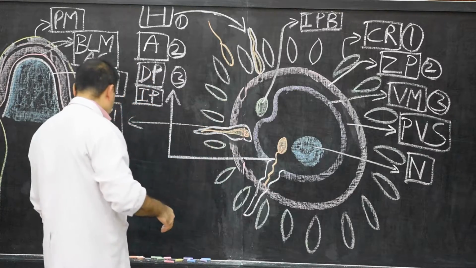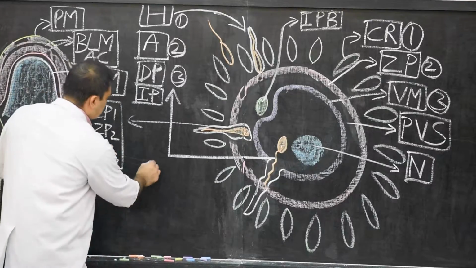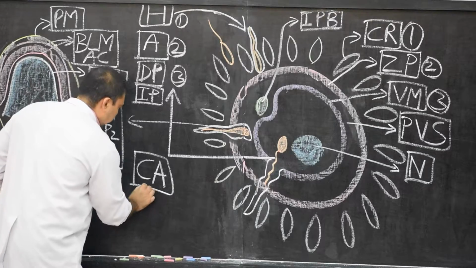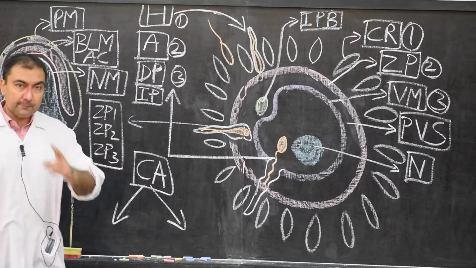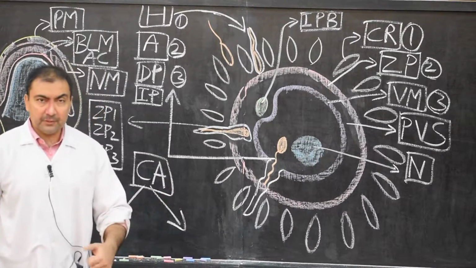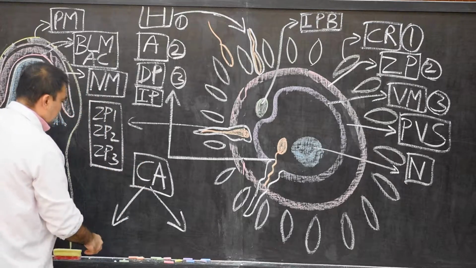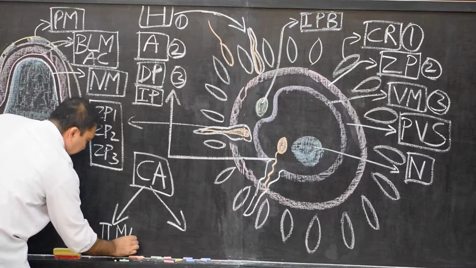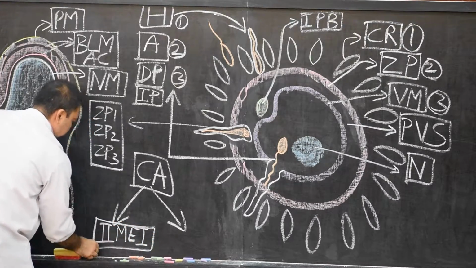Two things will take place in the oocyte cytoplasm. First, there will be completion of the second meiotic division.